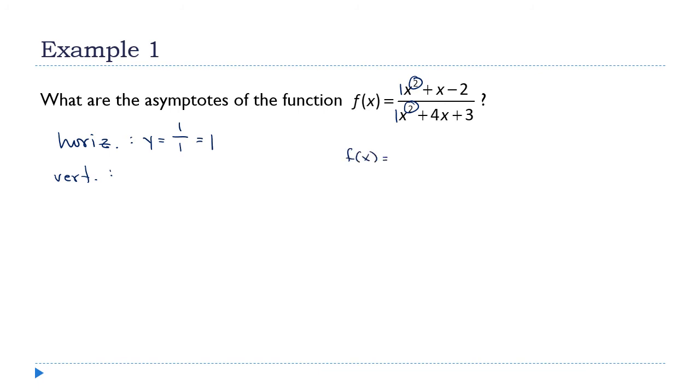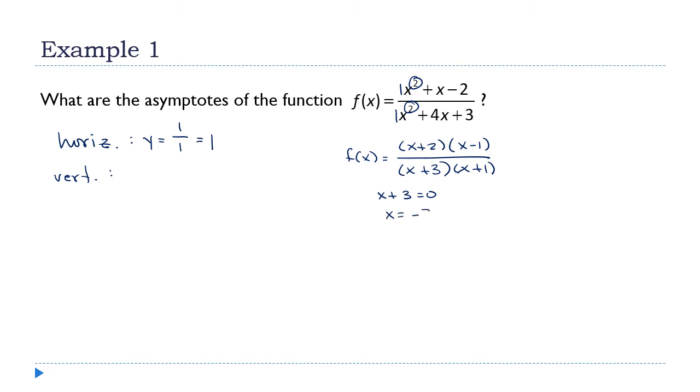F of x is x plus 2 times x minus 1 over x plus 3 times x plus 1. Okay, nothing cancels, right? There were no factors in common in the numerator and denominator. Nothing cancels out.